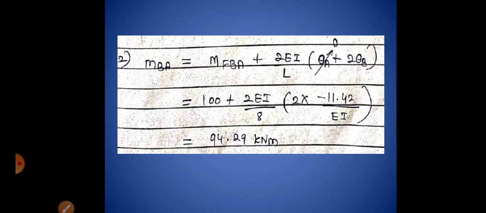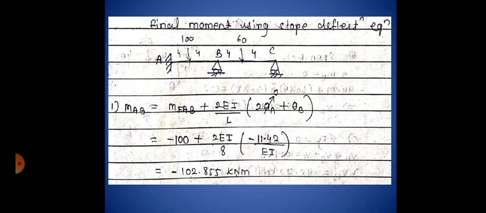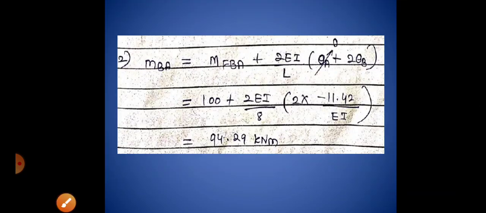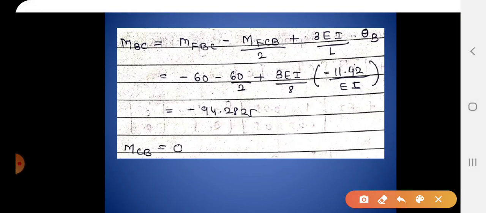Okay, next MBC. For MBC, yes, we have to go again to the diagram. For MBC, B is the near support and C is the other support, and it is an end roller support. Therefore, we have to use the modified slope deflection equation. Okay, so we will use that equation for MBC.